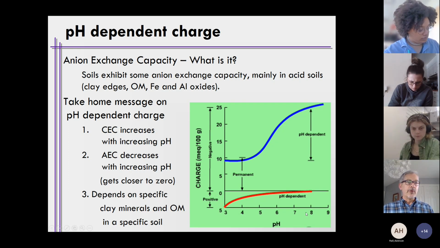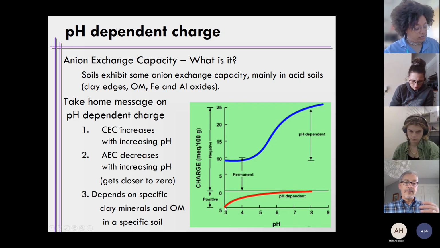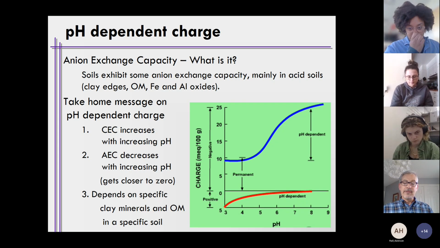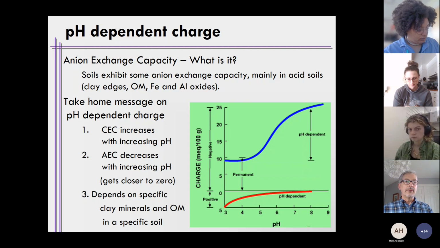What this shows you is as the pH on the x-axis drops and the soil becomes more and more acidic, a positive charge can develop. That's because of extra hydrogen ions stuck on the outside of those phases where you have essentially structural water, and a positive charge arises.